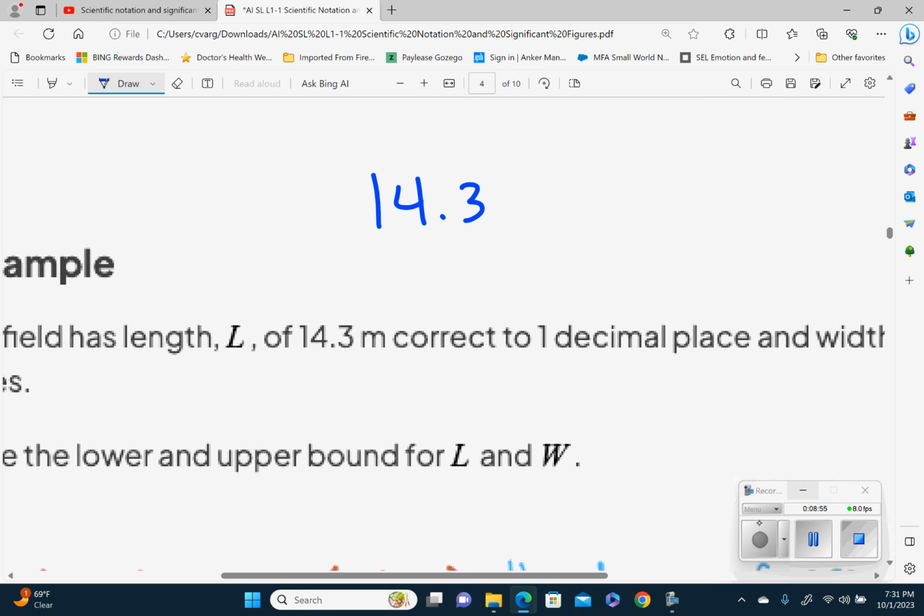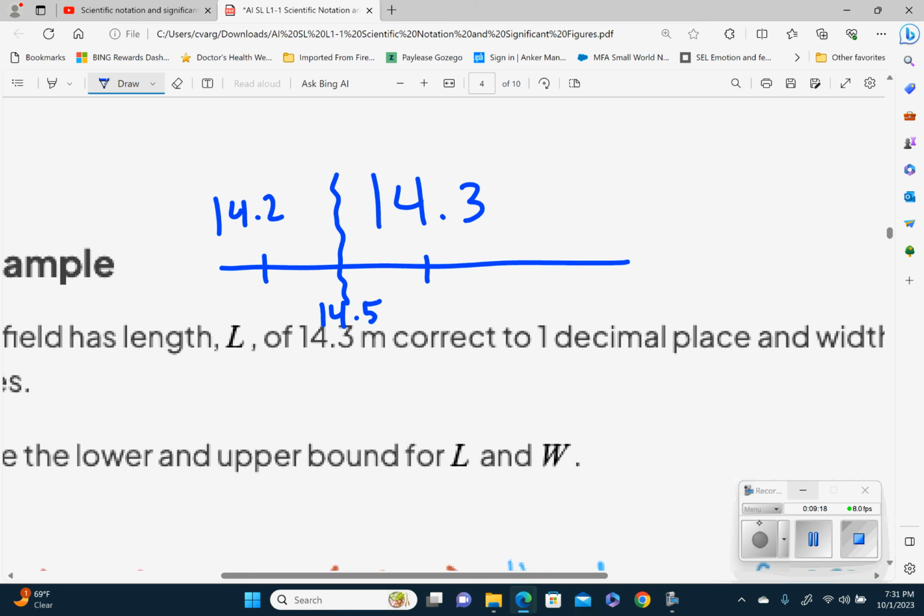Think of 14.3 on a number line, and numbers that round to it, all you do is take this number right here. We're going to subtract 1 from it, so that's going to be 14.2. And then we're going to see what number is half of that. So if I look at halfway between 14.2 and 14.3, that is 14.25.